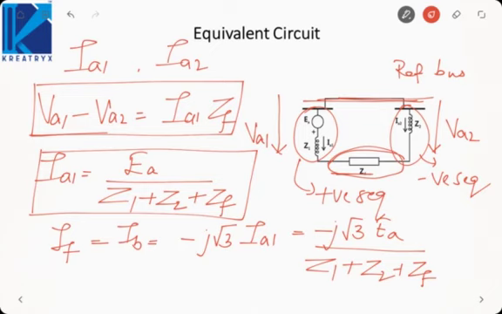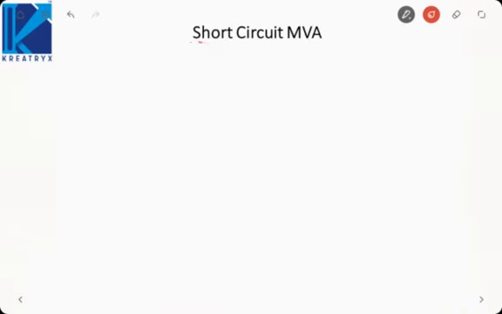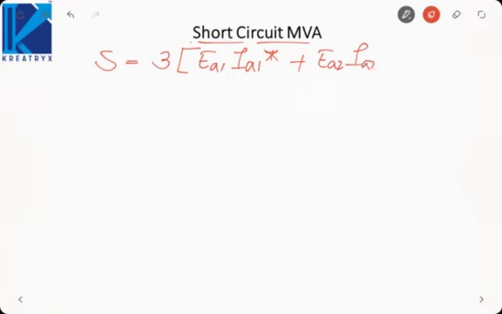And now if we wish to calculate the power that is being transferred to the fault, we will compute short circuit MVA. As I just told you, in three phase symmetrical component, short circuit MVA is this, IA2 conjugate plus EA0 IA0 conjugate.